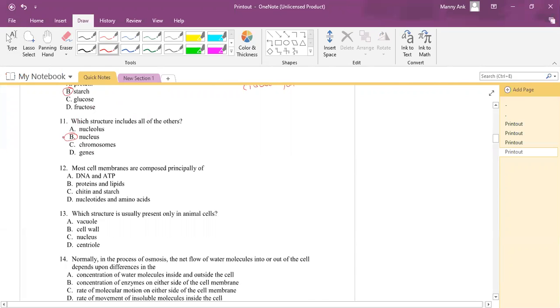Number 12: most cell membranes are composed principally of, so what makes up the cell membrane? Let's do a quick review of that. Remember, the cell membrane is made up of phospholipids. I drew diagrams, circles like this. These are phospholipids where you have the head and the tails.